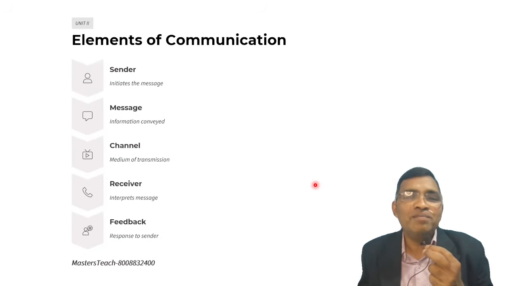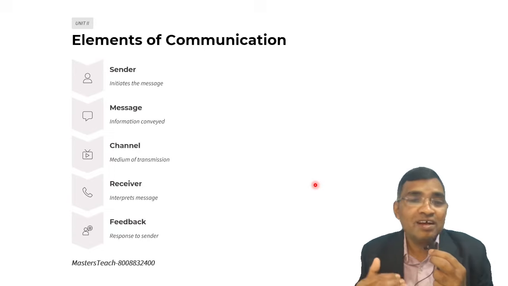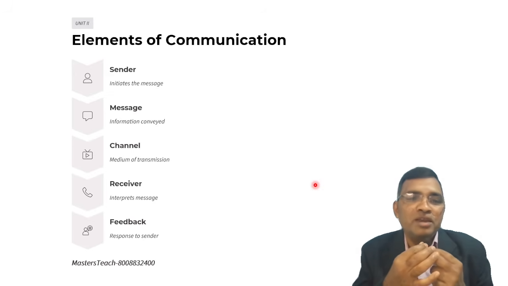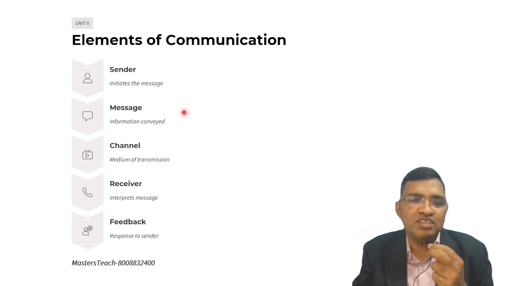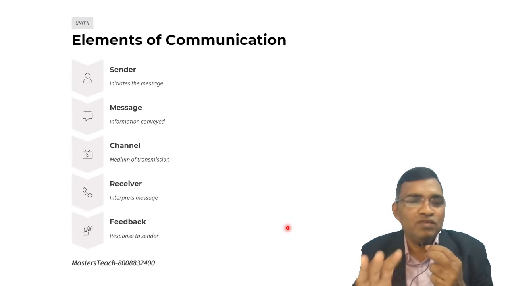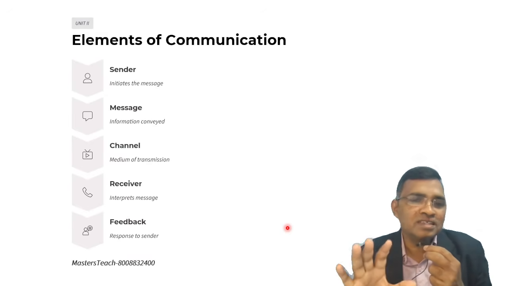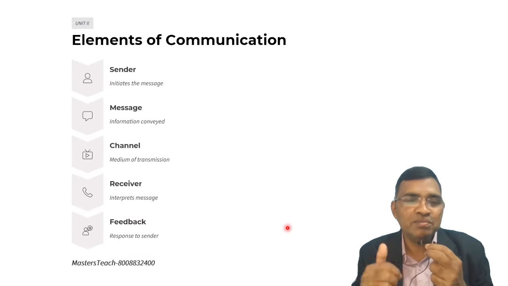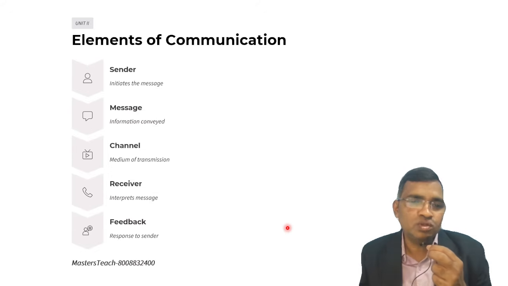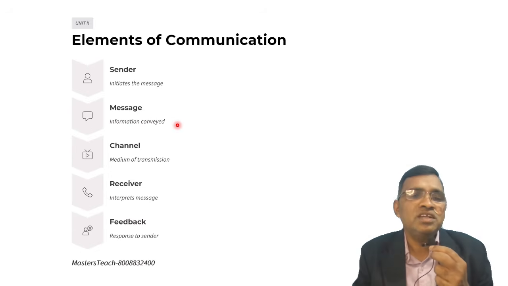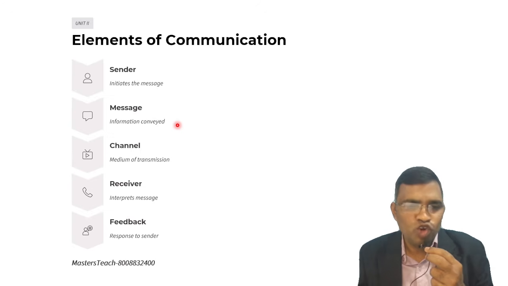Then the elements of communication. What are the elements? What are the parts in a communication? It is very simple: sender, message, channel, receiver, feedback. If you write these, you will get good marks. Sender means the person who inserts the message to send it. Message means the information you are going to convey.